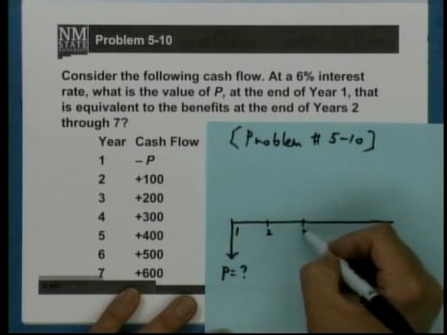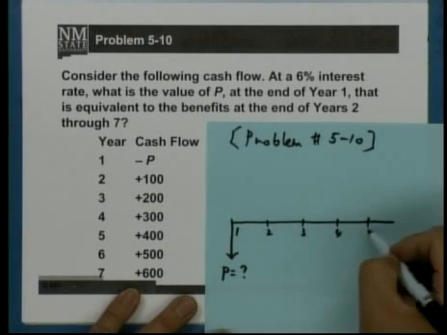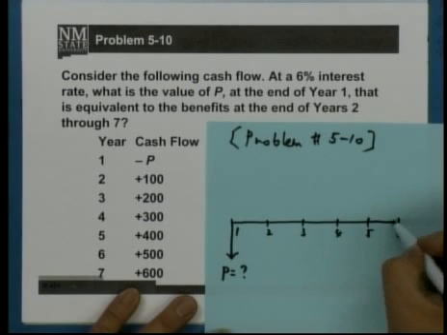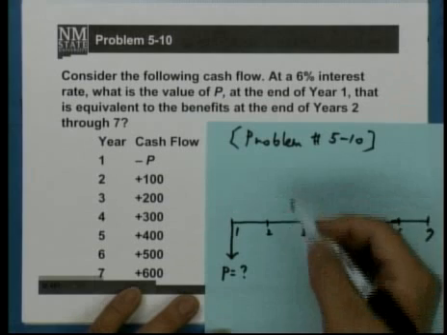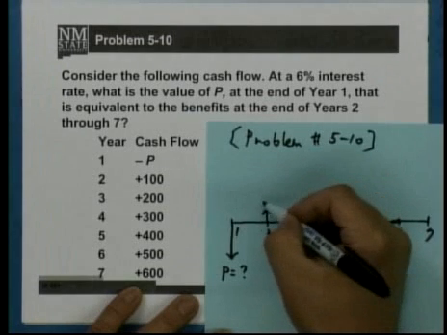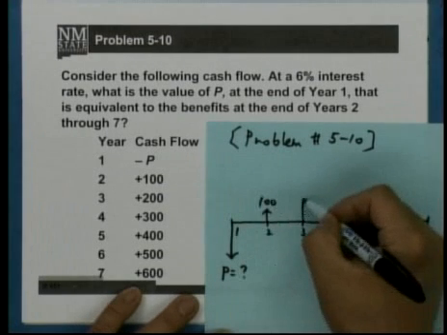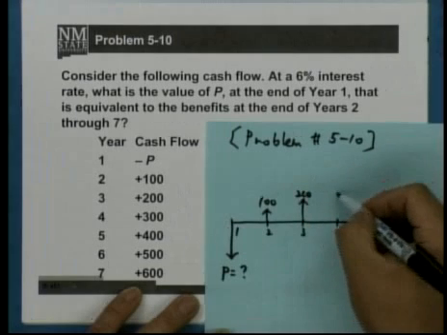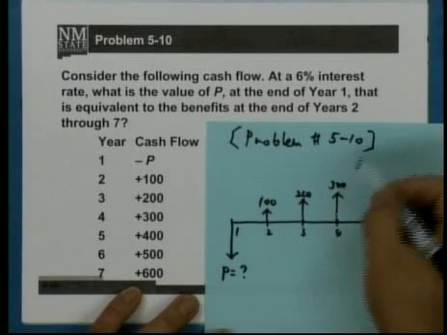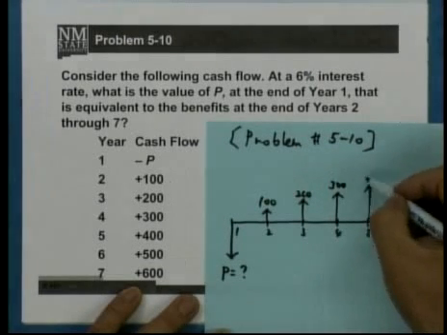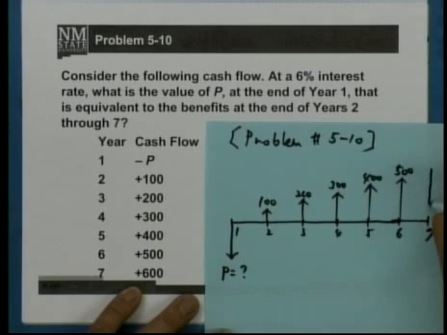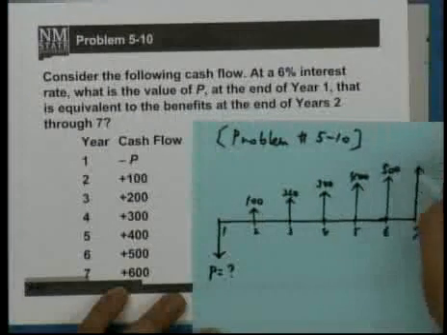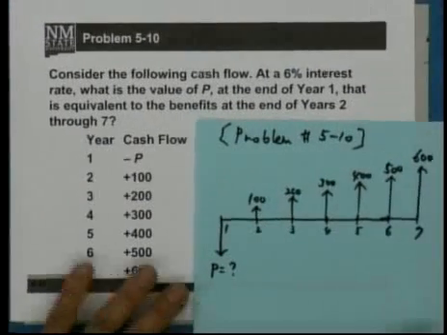And then 2, 3, 4, 5, 6, and 7. 100, 200, 300, 400, 500, and then 600, like this, okay?